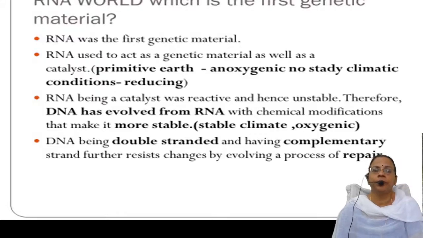Here, when we look into the atmospheric conditions of the primitive world, in the earlier times, the atmosphere was anoxygenic. Primitive Earth was anoxygenic. What do you mean by anoxygenic? Absence of oxygen. And it was reducing climatic conditions.